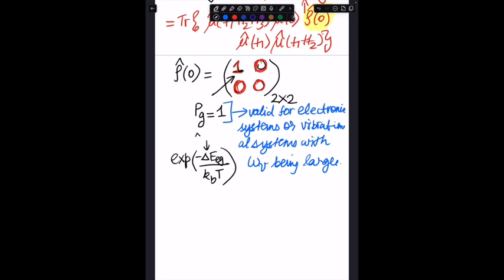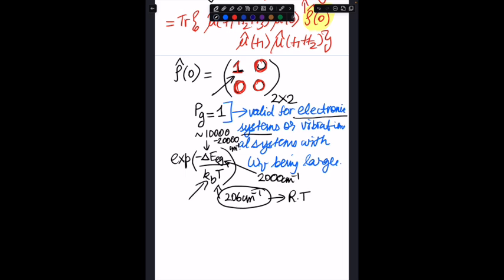So this would be 10,000 to, let's just say, 20,000 wave numbers, so it's tens of thousands of wave numbers. And this is about 206 wave numbers. So you can already see how small the probability of being in the excited electronic state will be if it is an electronic transition. But if you're considering vibrational transitions, where let's just say the vibrational split is, in a very rare case, like 2000 wave numbers, and this 206 wave numbers is at room temperature.